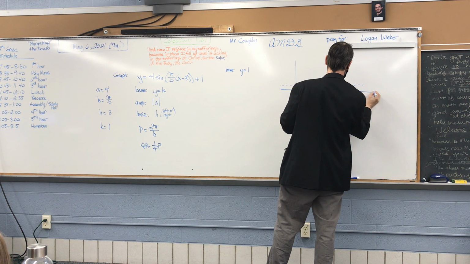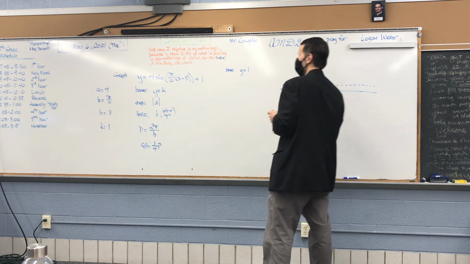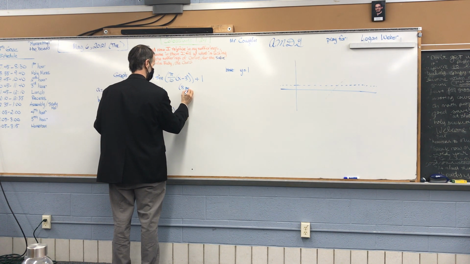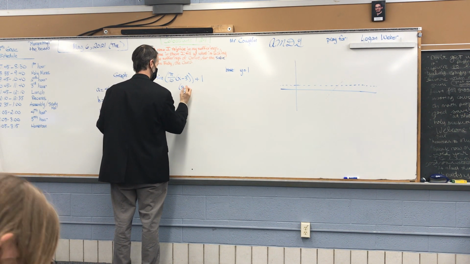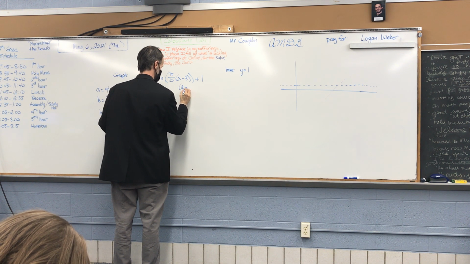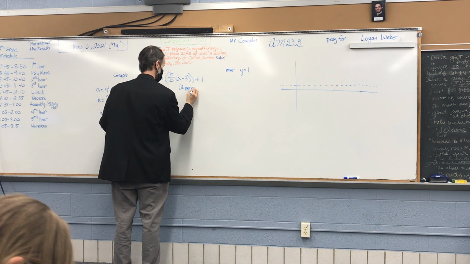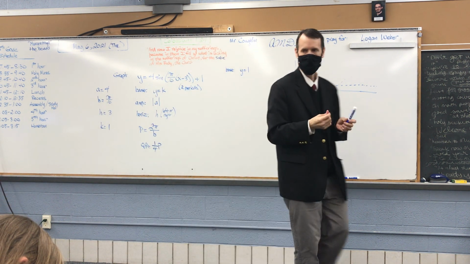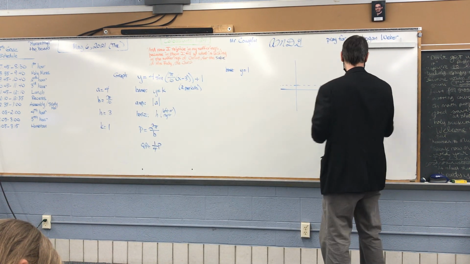Go a decent distance to the right. What I would like you to do is include 8 quarter periods. Let's just say 2 periods, that's probably easier. So 2 complete cycles. So you got y equals 1, there's the baseline.